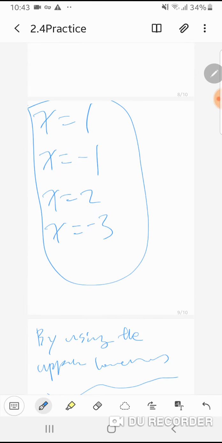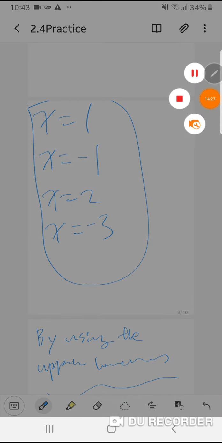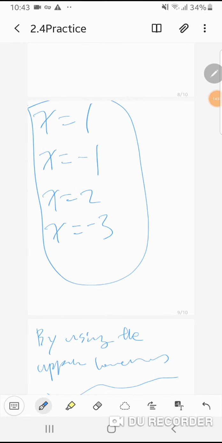Okay, this actually got way longer than I thought because I had to explain the upper and lower bound test. I just wanted you to know the basic idea of it so that you can use it when you need to. I'll just end it here and then solve problem 8 in the next video.